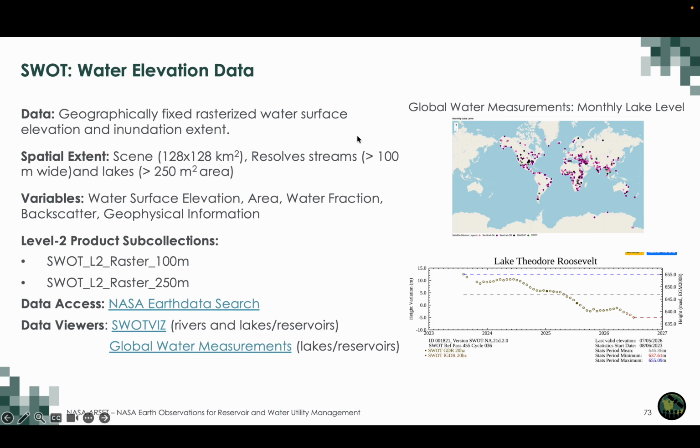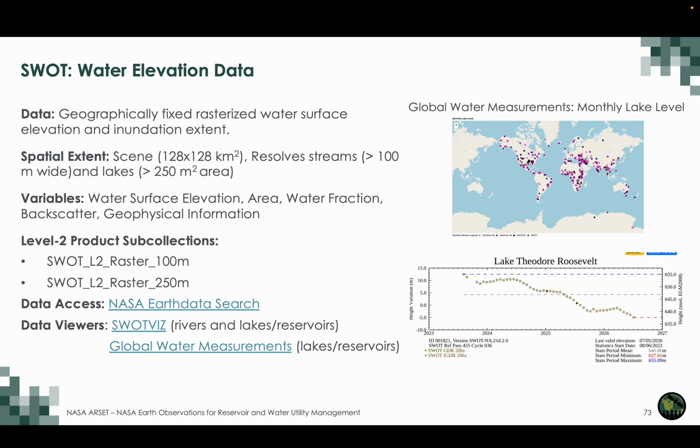SWOT data include water surface elevation and inundation extent in these variables. What is important to note here is the spatial extent and resolution of the data. The data are available in 128 by 128 kilometer square scenes, and within that, streams which are wider than 100 meters are resolved, and lakes which are larger than 250 meters square in area are resolved.